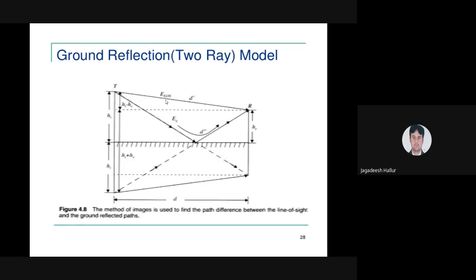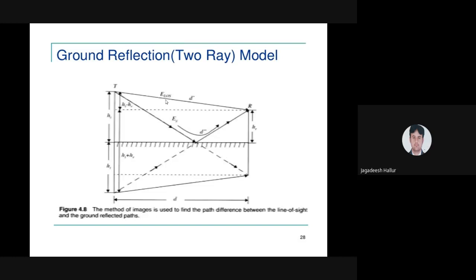Similarly, you have to draw the same diagram at the bottom, with a dotted line, a negative dotted line, that can be joined with respect to the ground reflected wave, and one more line to be joined with respect to the direct line of sight. For the direct line of sight, the height is ht minus hr.